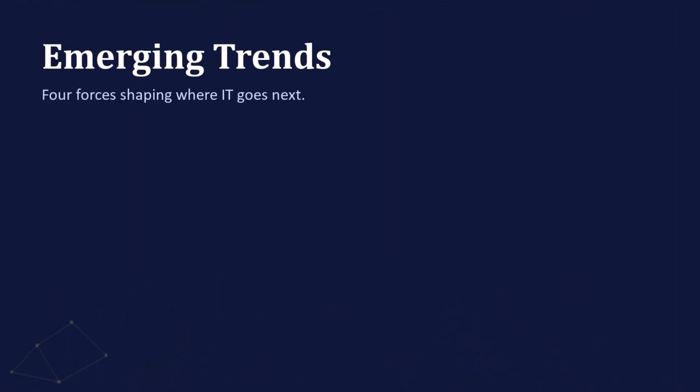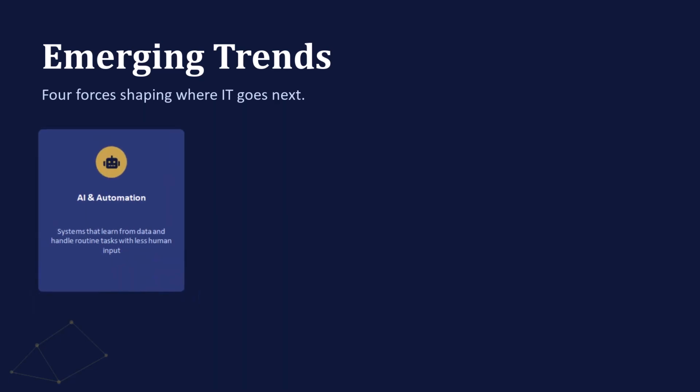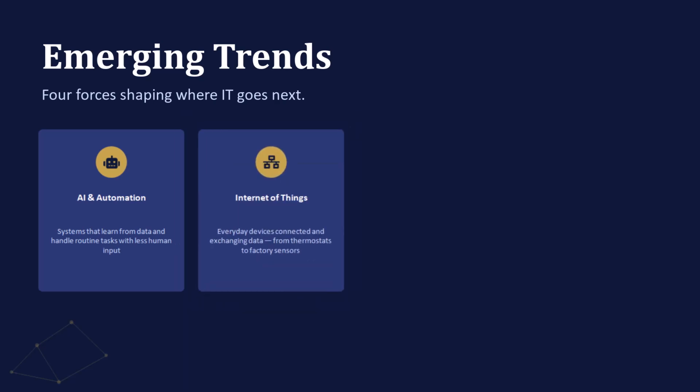Before we wrap up, let's look briefly at where modern IT is headed. 4 trends are worth keeping on your radar. First, AI and automation. Systems that learn from data and increasingly handle routine tasks with less human input, freeing people up for higher value work. Second, the Internet of Things. Everyday devices, from thermostats to factory sensors, that are now connected and exchanging data, often without anyone actively operating them.